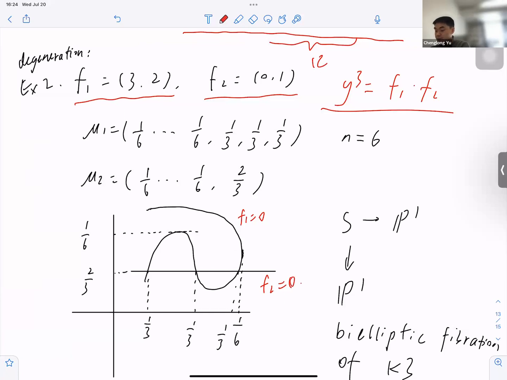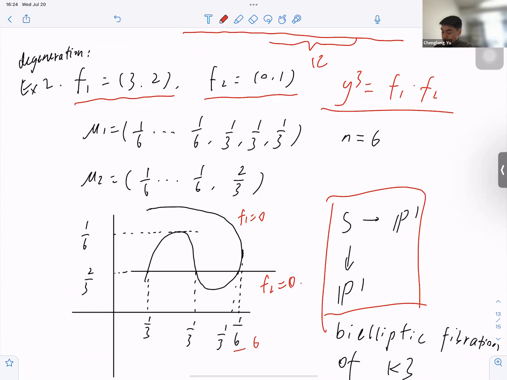line, horizontal P1. And then the singularities for the fibrations of S onto P1 and the two projections will be different. So if we project down to the x variable, then we need to consider the branching points of F1 equal to 0. So there are 6 of them, 6 of this kind of branching points.